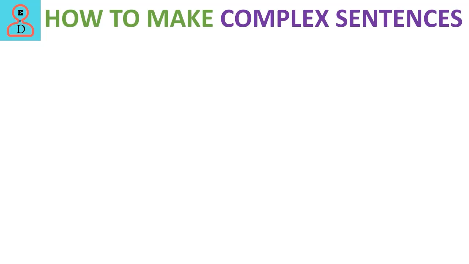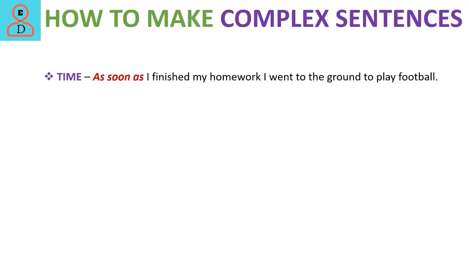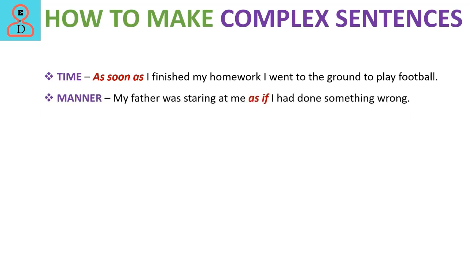Now, let's see some of the examples of complex sentences for each type discussed in the earlier part. First, time. Next is manner. Cause and effect.